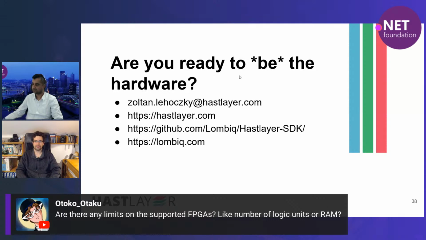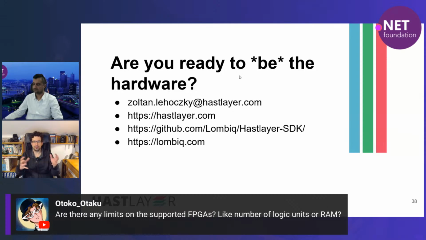Are there any limits in the supported FPGAs, like number of logic units or RAM? Yes, certainly. Unfortunately, there's no easy answer for that. It's not easy to tell whether your algorithm will fit on an FPGA, apart from trying it.